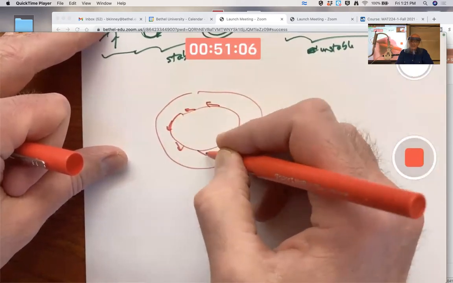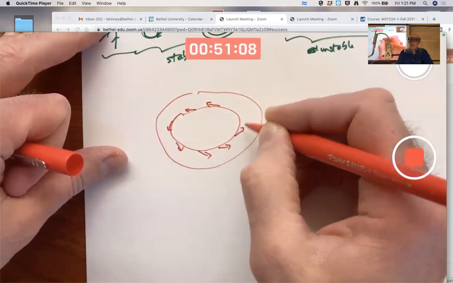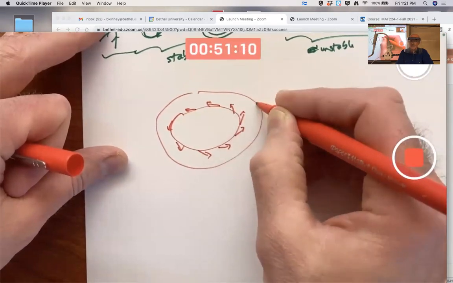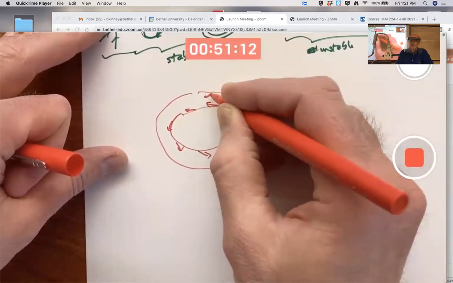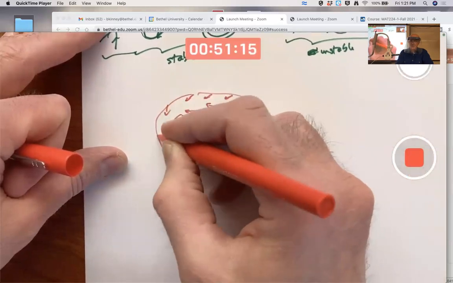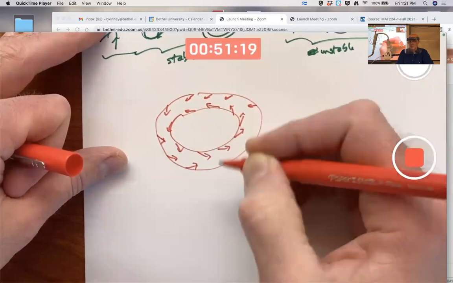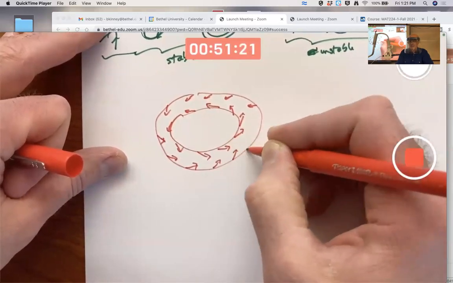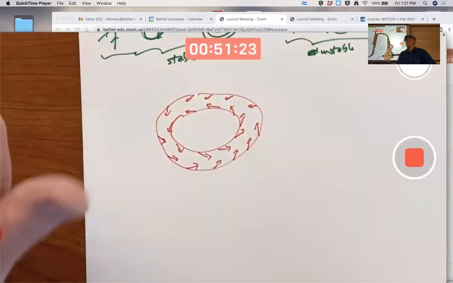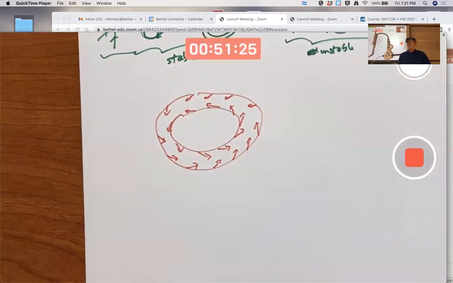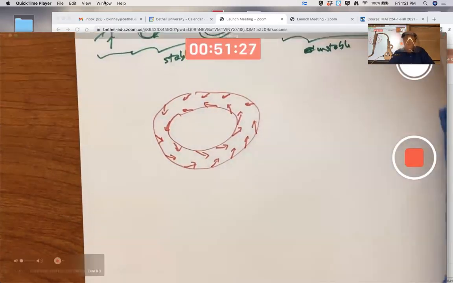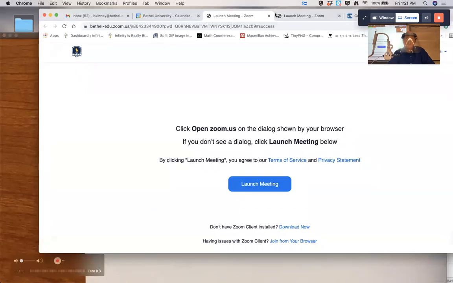To be a trapping region, one sufficient condition is the vector field points into the region all along the boundary. So if you know that's the case and you know there's no equilibrium points inside there, there's got to be a periodic solution. You should know that. The theorem that guarantees that is called the Poincare-Bendixson theorem. So true, false, multiple choice type question there.